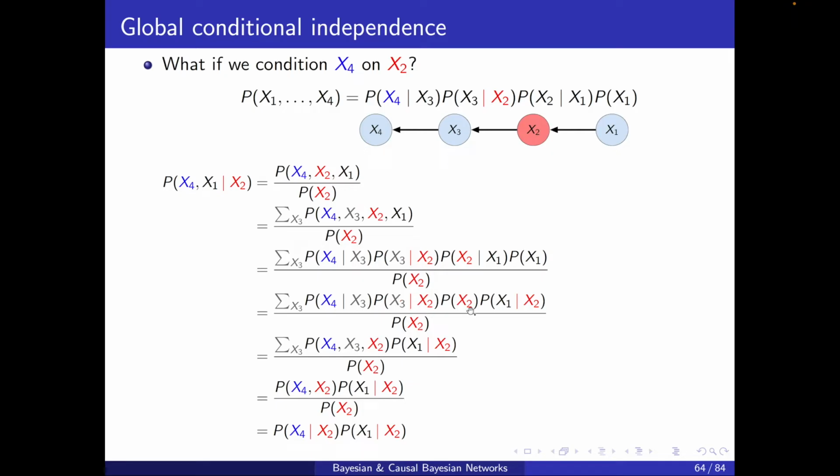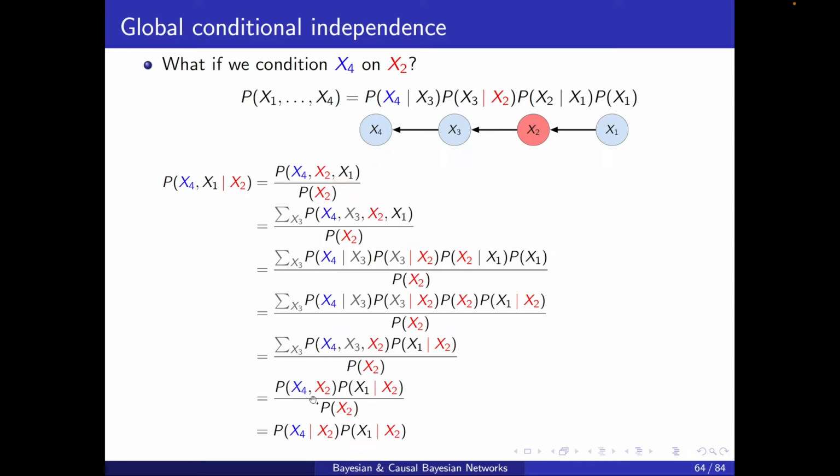Then if you multiply it by x2, you will get the joint of the three of them here. Now, marginalizing x3 out, you will end up at P of x4 and x2. You see, the role of x3 was really just to use it here. It didn't play any other role, and then it is marginalized out again.